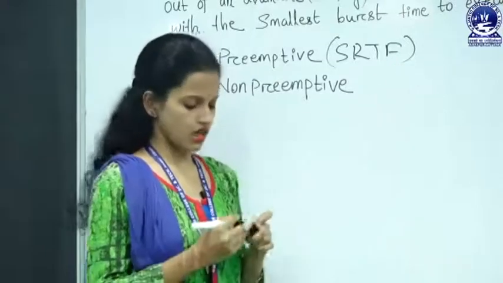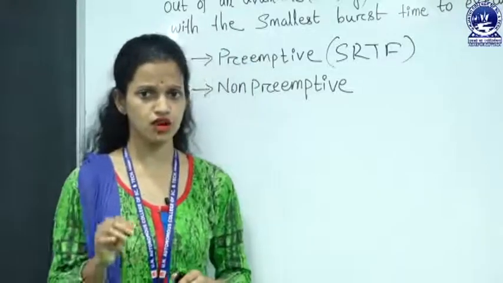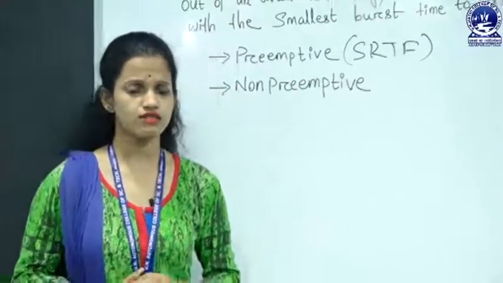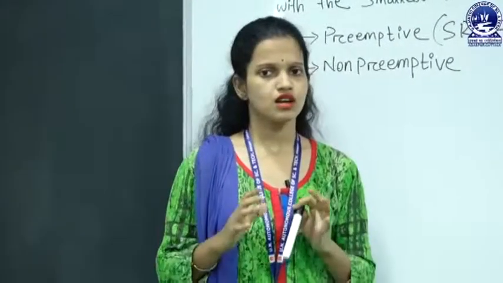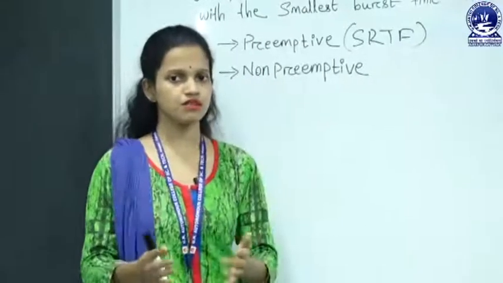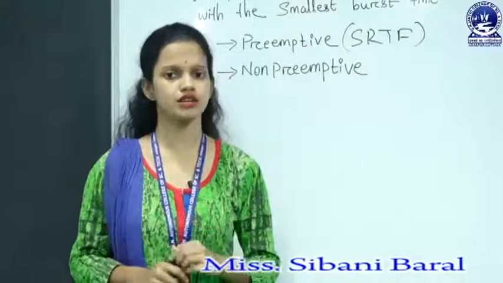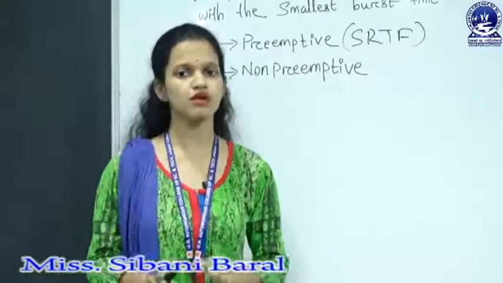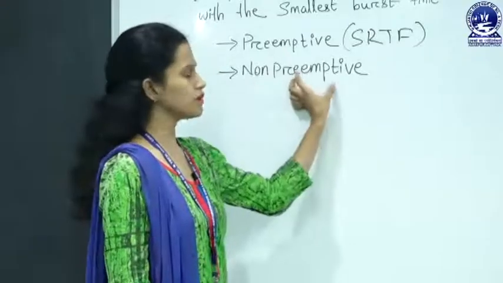If in an exam they give you a question and specify to solve the problem using the SRTF method, that means the preemptive version. If they say simply SJF, then by default you have to solve that question by applying the non-preemptive version.